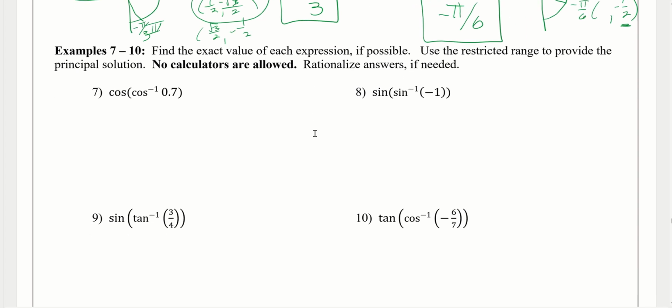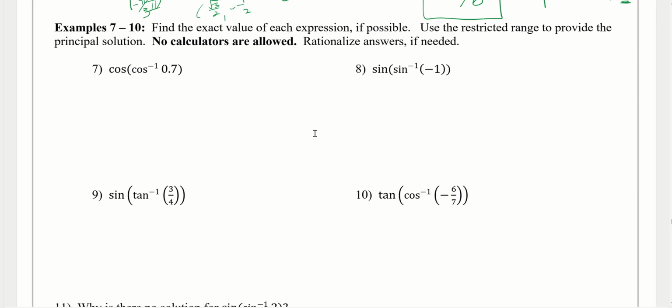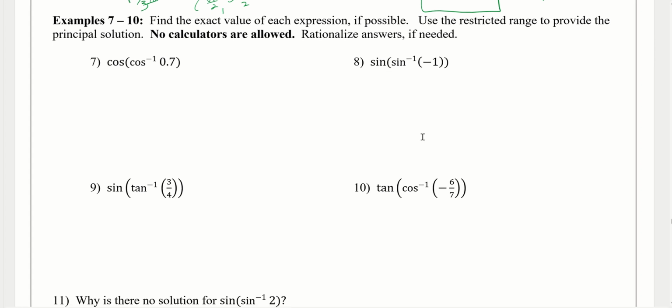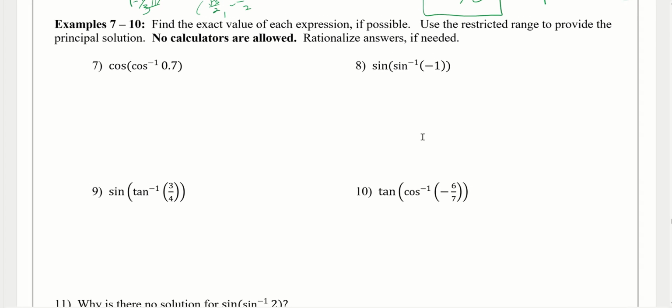Okay, so now here, find the exact values. Some of these are pretty straightforward, but some of them get a little bit challenging. Again, just kind of thinkers. So here within the restricted range provided, for cosine, that's a restricted range.